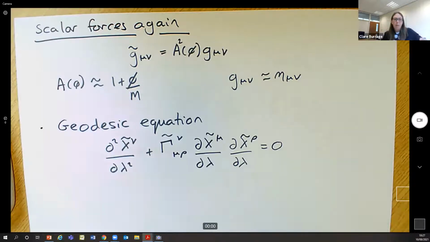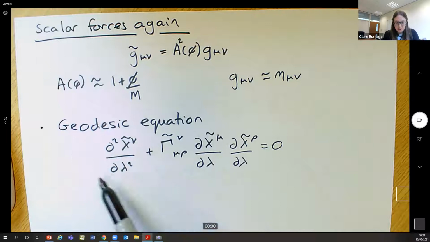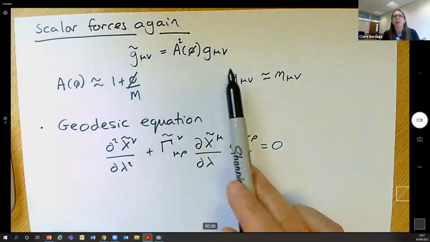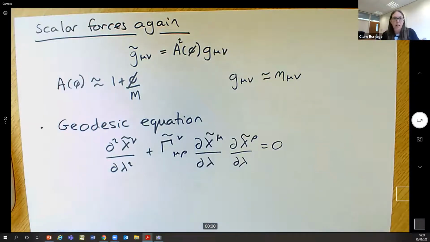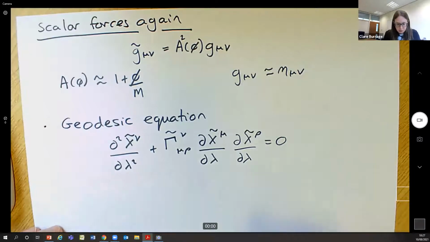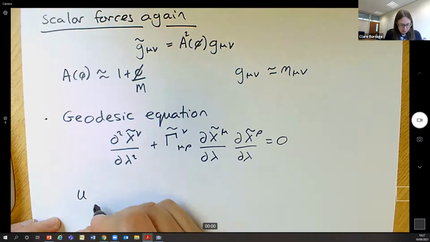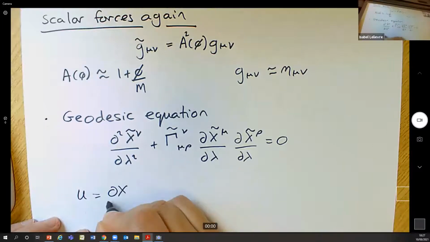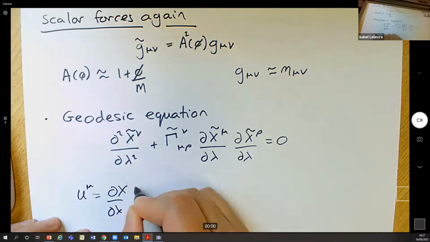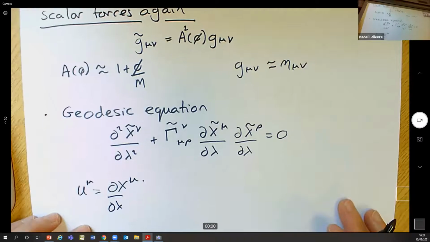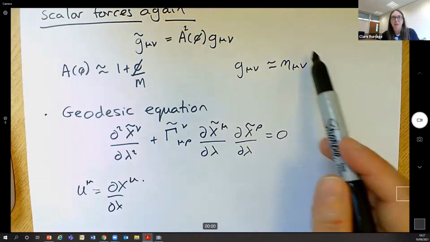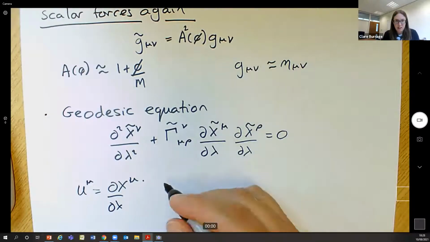Okay, so what we've said is that this is our geodesic equation in terms of the tilded metric. We want to write it in terms of the untilded metric. So we're going to need some new four-velocity, some untilded four-velocity, which is dx by d lambda, with some index, which is normalized with respect to our untilded metric.